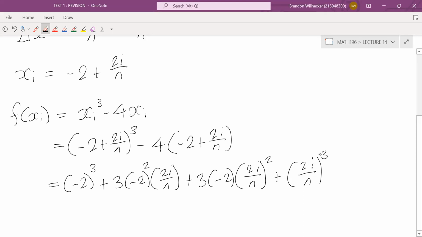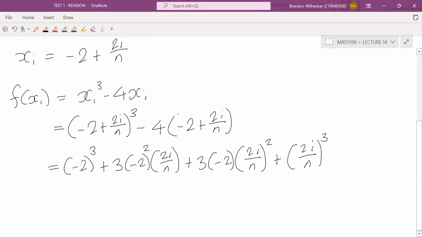That handles the cubic part. For the other parts, we have minus 4 times minus 2, which is plus 8, and then minus 4 times 2i over n, which is minus 8i over n.